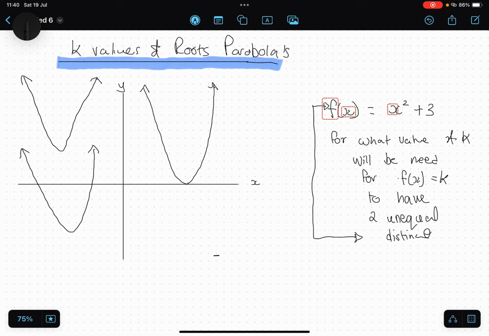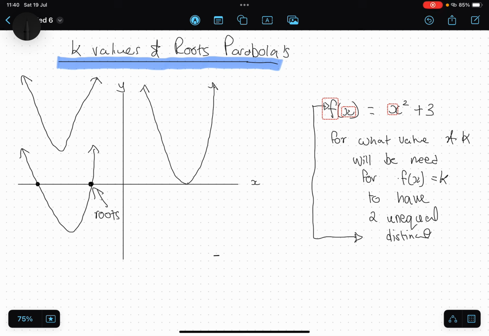A root is an x-intercept. Basically it is where the parabola intersects the x-axis, because it is a solution for x. Those are what we call roots.